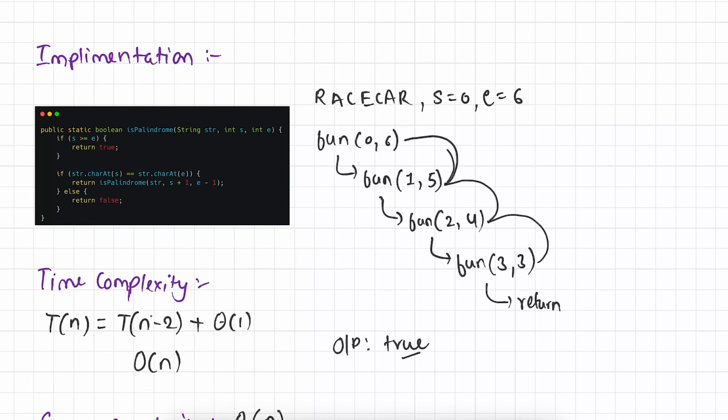And why n minus 2? Because in each recursive call we check the first and last character, so we reduce the length of the string by 2 each time. After solving this recurrence relation, the time complexity comes out to be big O of n. And this is the upper bound of this function.